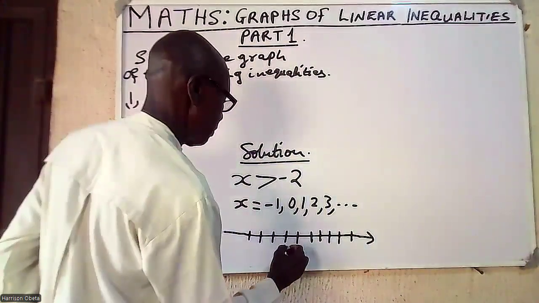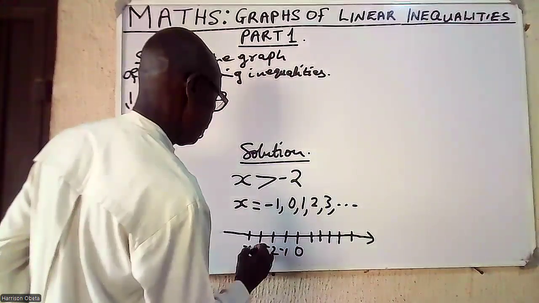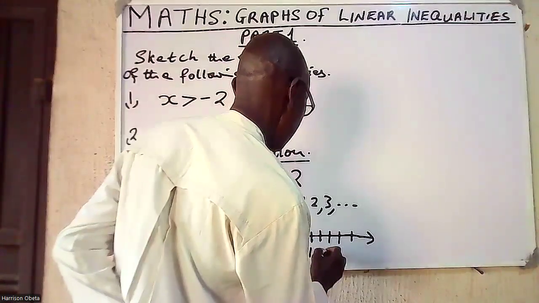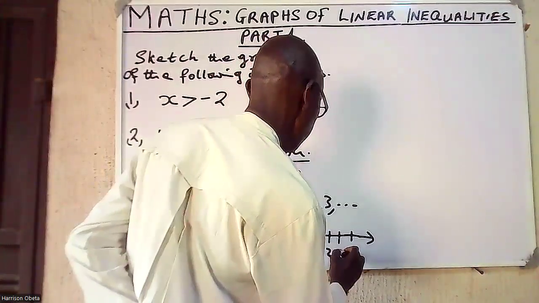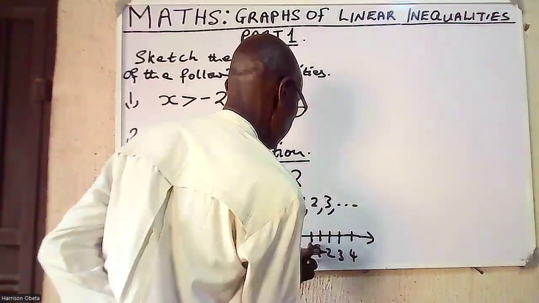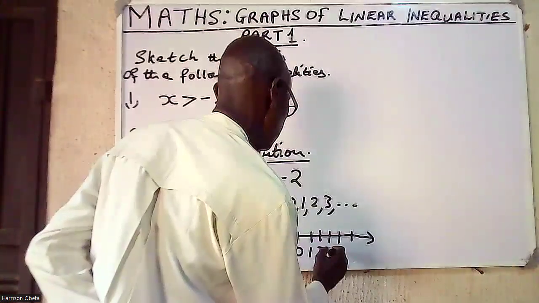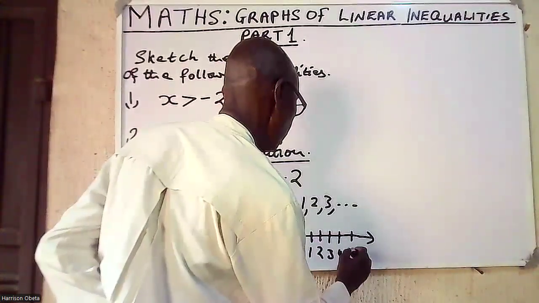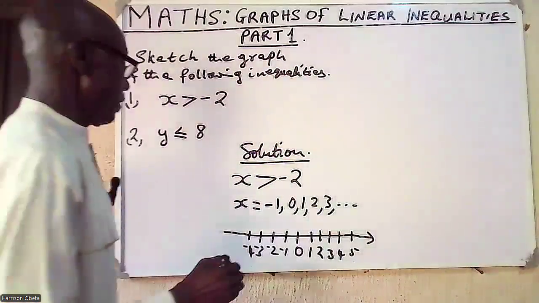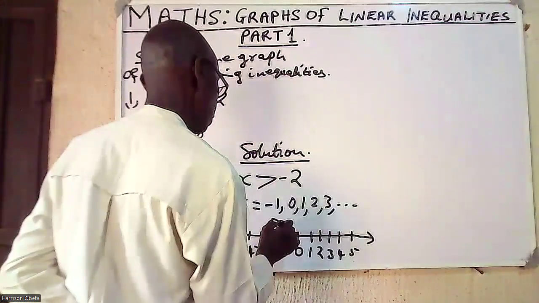So we have 0, this -1, -2, -3, -4, 1, 2, 3, 4, and so on. Sorry, I made a mistake here. 1, 2, 3, 4, 5, and so on. So if we are to indicate it on a number line, this is -2.